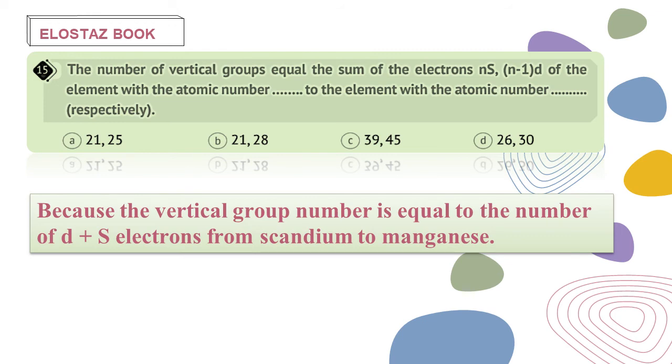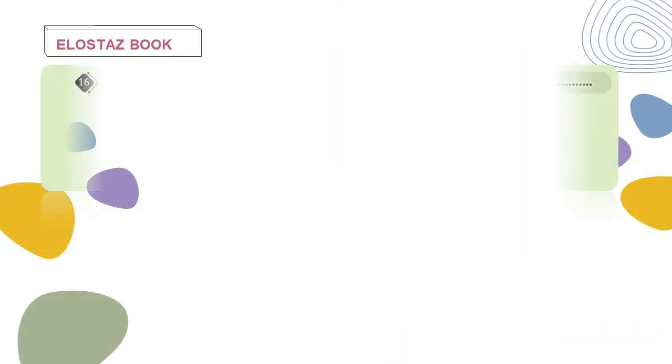We have the elements that take ns and n minus 1 d with the same electrons, that will be scandium and manganese. They have the atomic numbers 21 and 25 respectively. Okay, let's go to question 16.